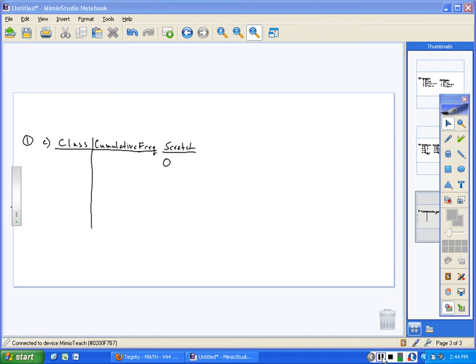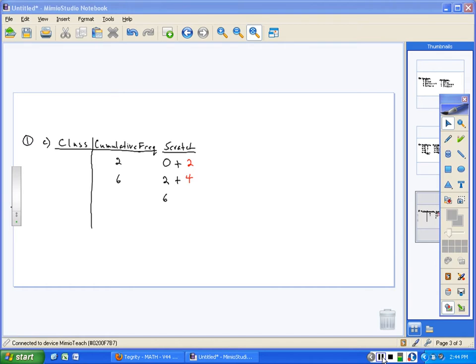So what we're going to do is add 2, which is the class frequency for the first class, plus 2. So that's going to give us a total of 2. Then we take the 2 we already have and add the next class frequency, which is 4. That gives us a 6.